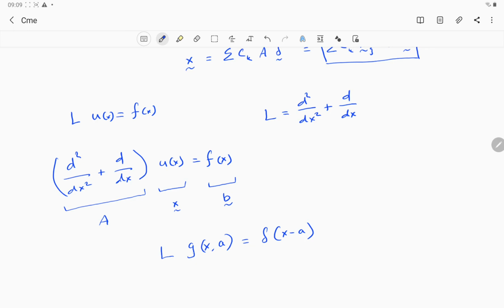So by all the solutions for different a we will have different g of x, and then the solution is just going to be a linear combination of this g. So that's how we use Green's function.